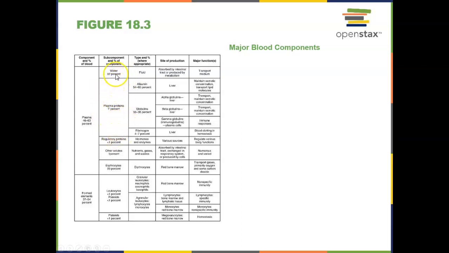It makes that look like it should be, 92% should be the majority, but we have a lot of different types of plasma proteins and where they are produced from and their functions. And then down here you have formed elements. It talks about the different types of formed elements, granular or agranular, where they are produced, and again, functions, okay?